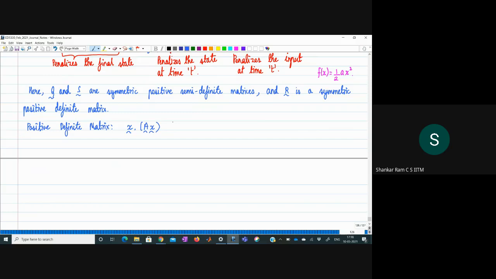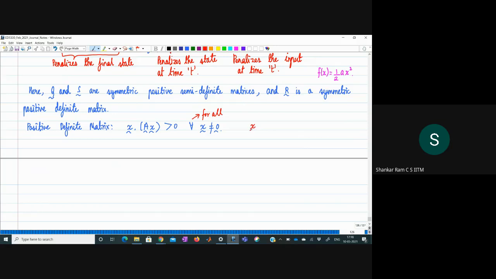Essentially we have a resultant vector, and then we take the dot product of the resultant vector with the same x, and if this product, which is a scalar, is greater than 0 for all x not equal to 0, then we have what is called a positive definite matrix.